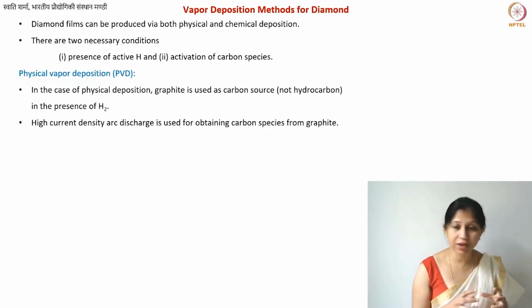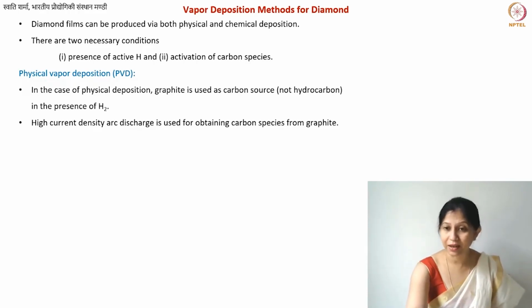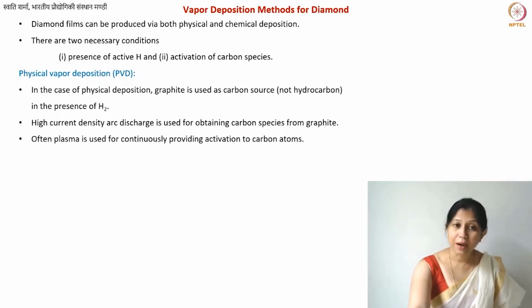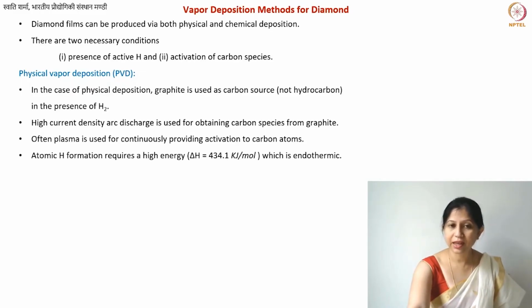Somewhere I will also describe the parameters. The plasma itself contains very high energy, a very high intensity plasma because of high energy density and high current densities. Okay, fine. So this is where you're continuously providing the plasma, and that is what creates your atomic hydrogen.